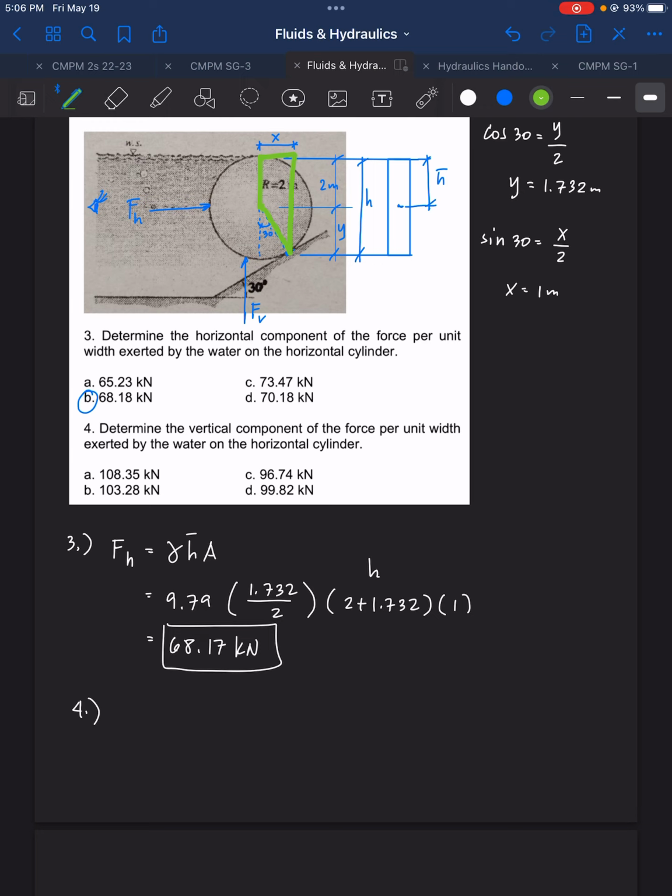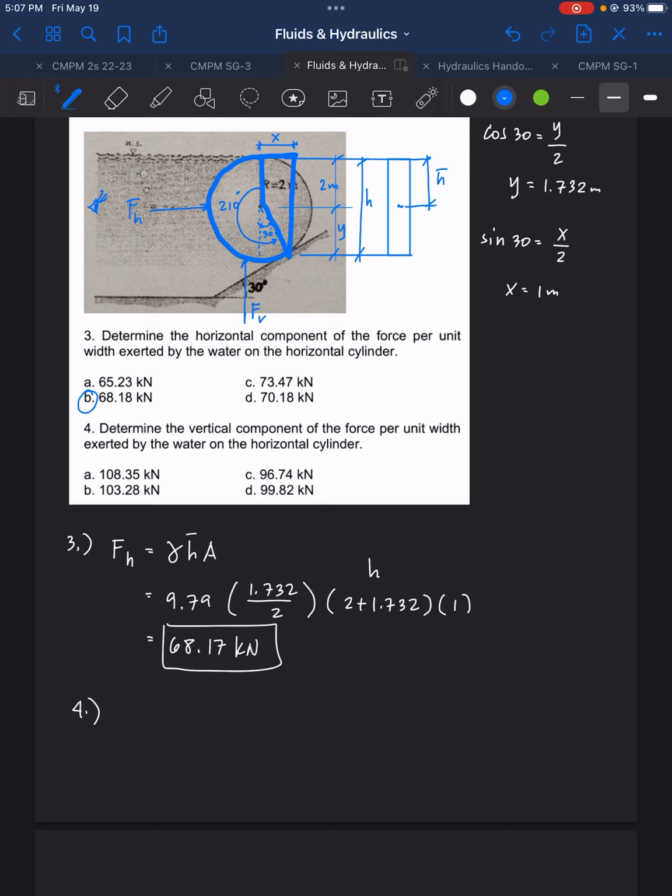Sorry, it should be this one. So we need to get this area here and the area of this one here, and it's called a sector. So how do you get now this area? The angle here is 180 plus 30, so that is 210 degrees.